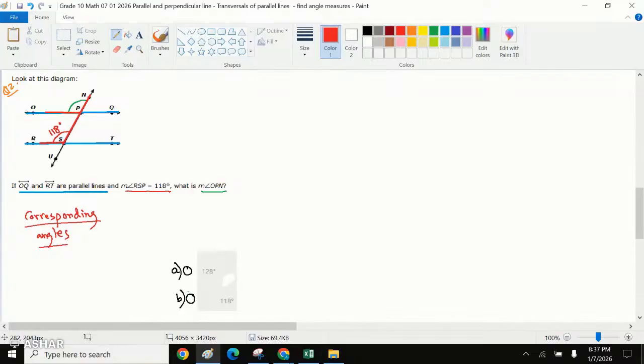And corresponding angles are always, yes, great. Thank you for answering. They both are always equal, right? That means option B is the correct answer. And they are corresponding angles. Thank you. Let's try another question.